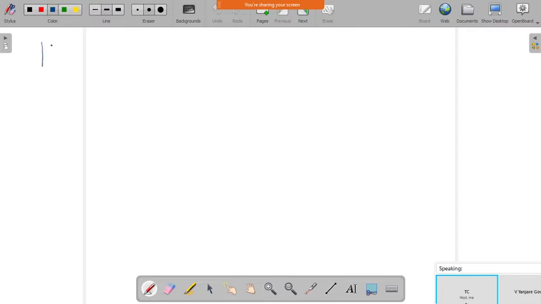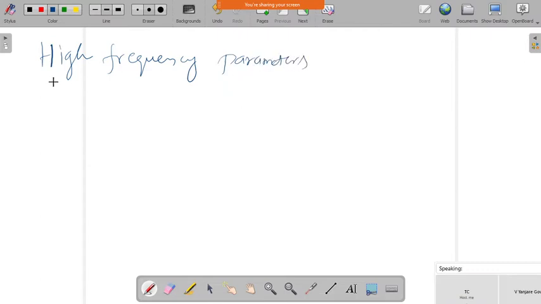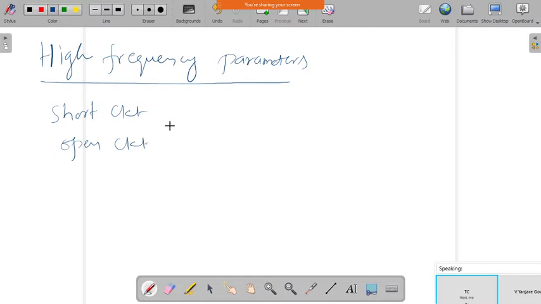The short circuit and open circuit can be represented at high frequency based on the traveling waves.